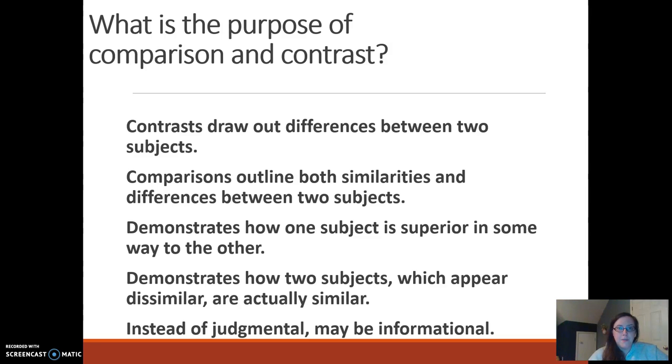The other thing that you can do in writing a comparison essay is one of two things. You can take two or more subjects and compare them side by side and sort of burst your reader's understanding of something. Maybe they think two things are very similar, but they're really very different.